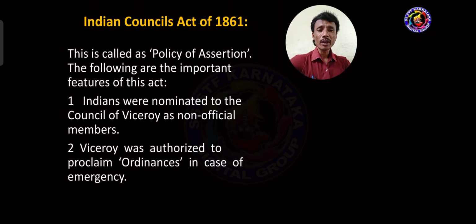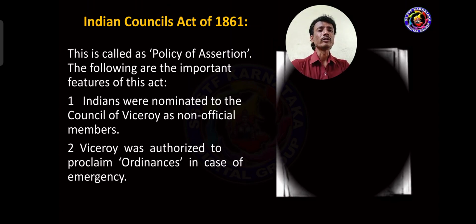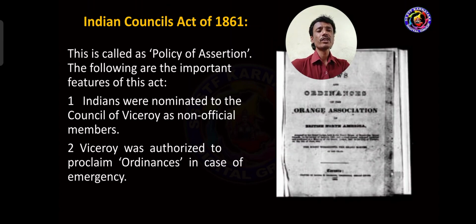Sometimes rules and regulations have to change, so the Viceroy had to officially announce it under the Indian Councils Act of 1861, arranged through the legal procedure. So, dear students, this is about the Indian Councils Act of 1861.